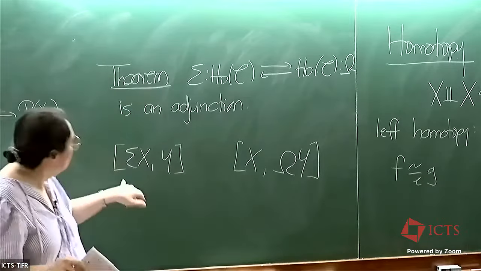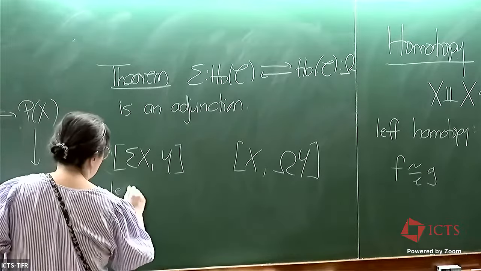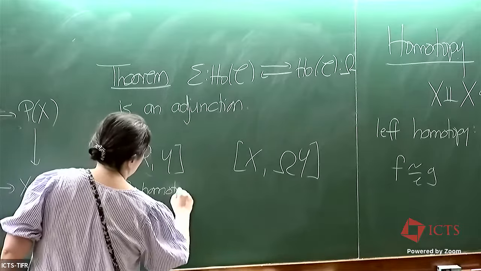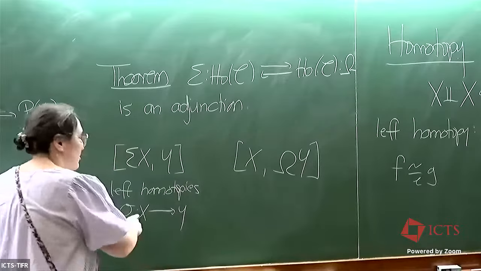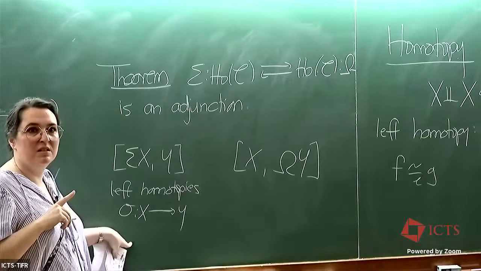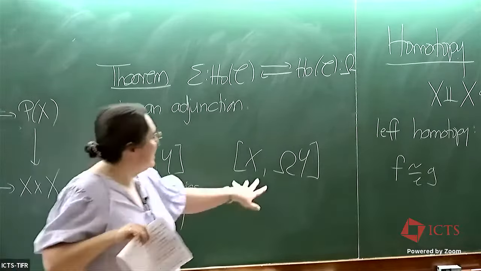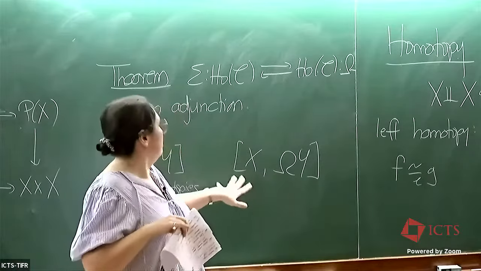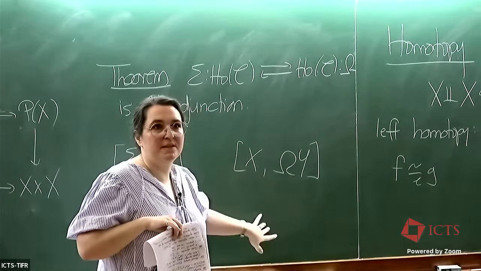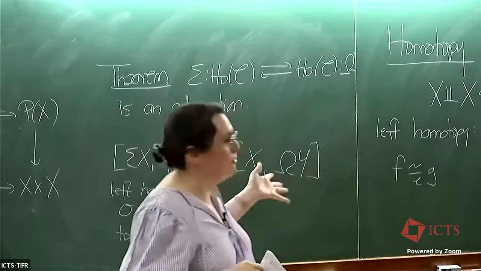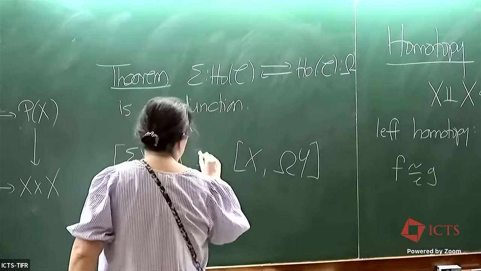So in other words, this is homotopies. It's left homotopies from the zero map from X to Y to itself. And if you look at this, for the same reason, this is right homotopies from the zero map from X to Y to itself. And if you believe that there is a one-to-one correspondence between left and right homotopies, then you can believe that that's the same.